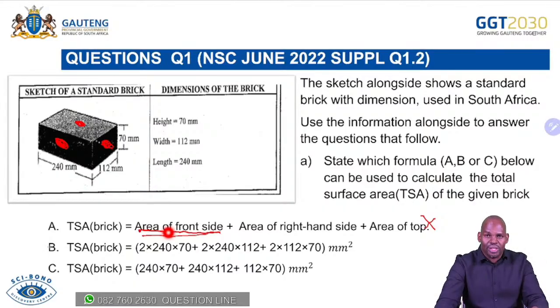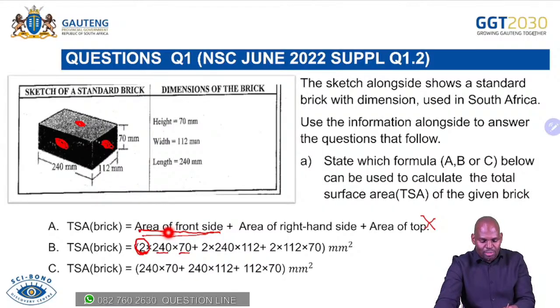And then we go to B. B says 2 times 240 times 70. It means there are 2 of them, and then it's 240 multiplied by 70. We have 240, which is this side, multiplied by 70, which is there.